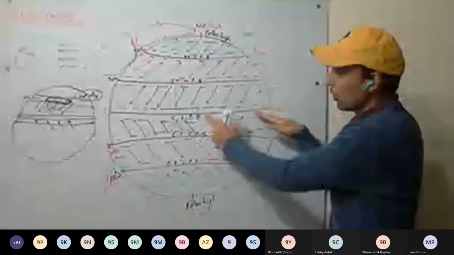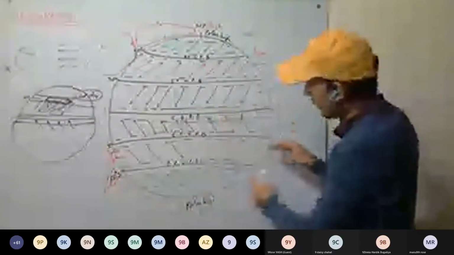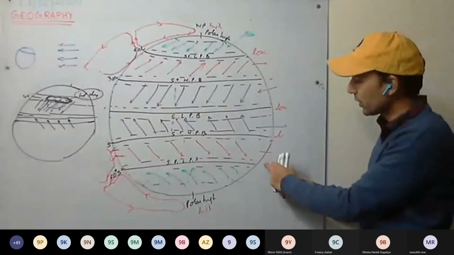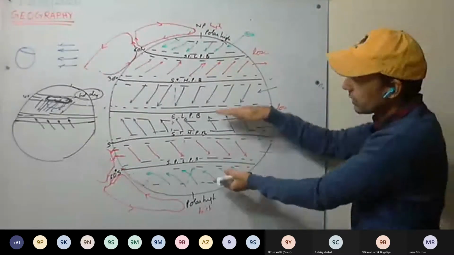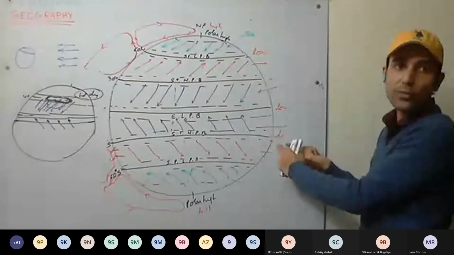That is, the equatorial low pressure will be on the equator. But in winter, on 21st to 23rd December, they shift towards south because the sun is overhead on the Tropic of Capricorn.